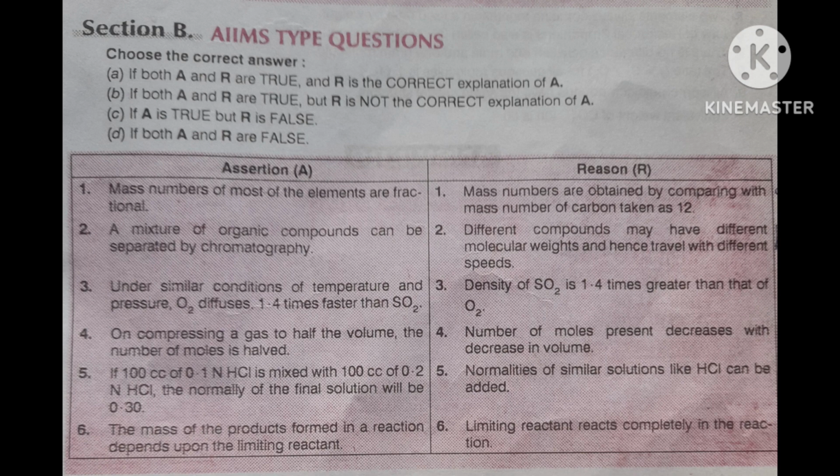And what is correct? The vapor density or molecular mass of O2 is half of that of SO2. You should know. The vapor density or molecular mass of O2 is half of that of SO2. This is the correct explanation.